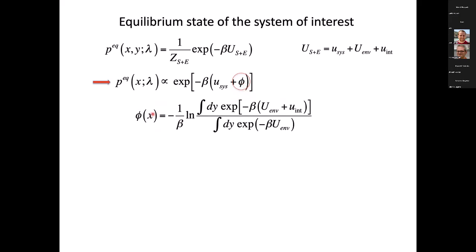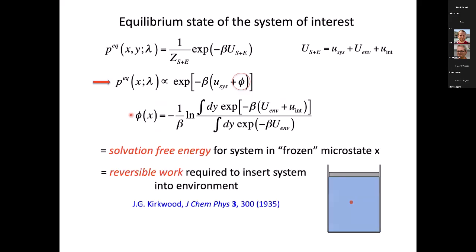Now, not only do we have an explicit formula for this phi, but there's a very nice physical interpretation of it. Namely, phi of x is the solvation free energy for the system in the frozen microstate x. What I mean by that is if I were to take my molecule and freeze it in a particular configuration x, so the atoms are frozen, so to speak, and if I were to take that molecule and then reversibly insert it into the water, so I'm starting with a molecule outside in vacuum, and then I reversibly insert it into water, there is a free energy associated with that change.